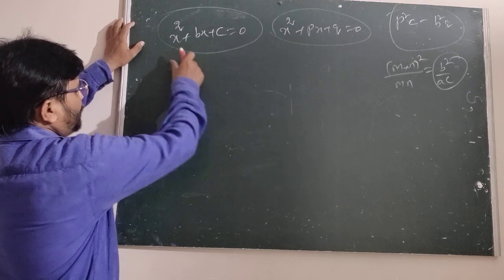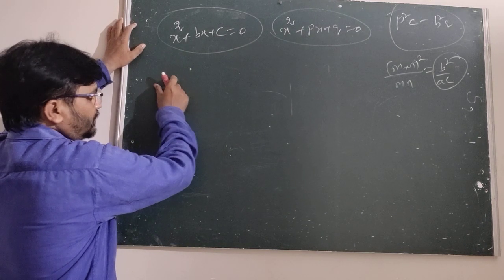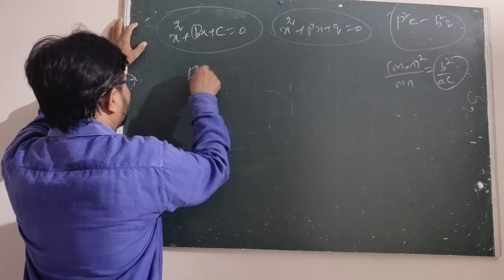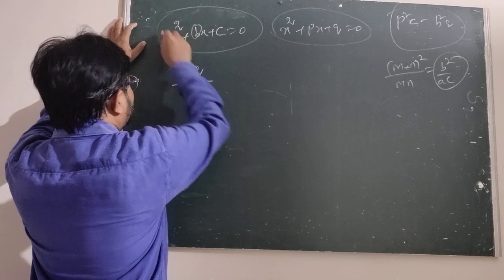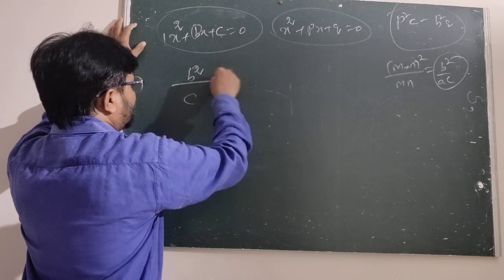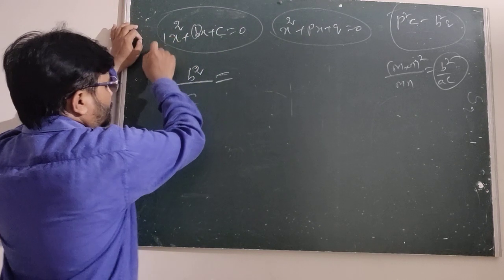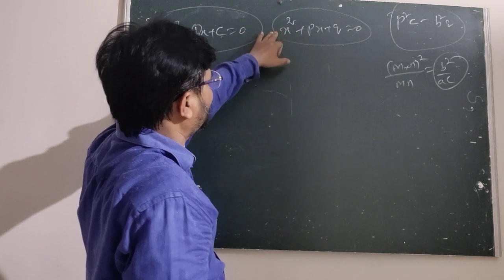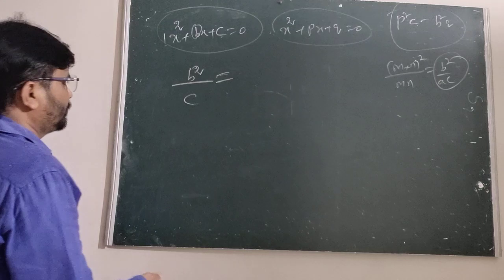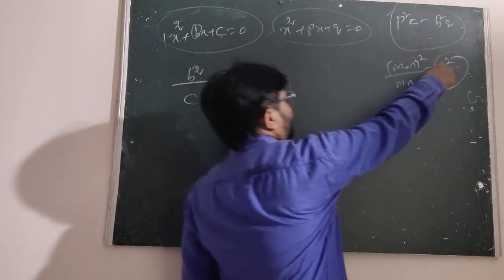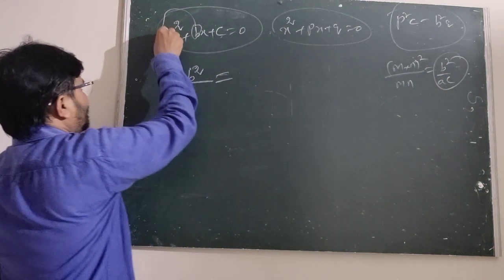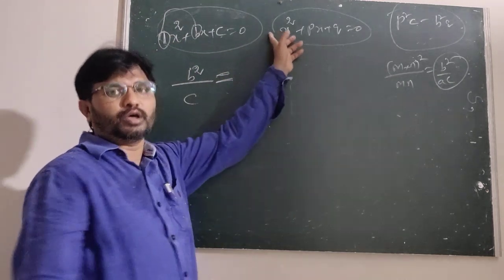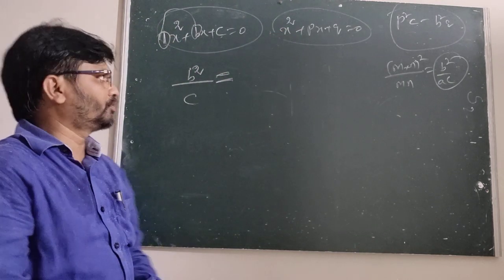Here in the first equation a is 1, so b square by c. The ratio of the roots is equal to the ratio of the roots of the other equation.